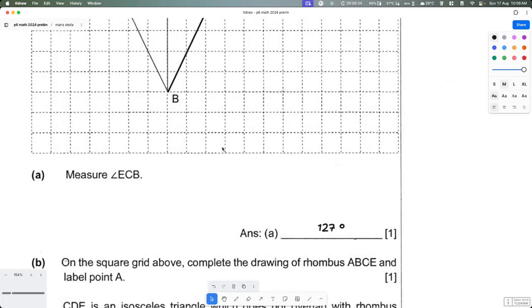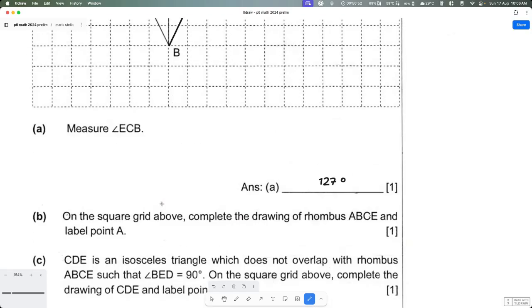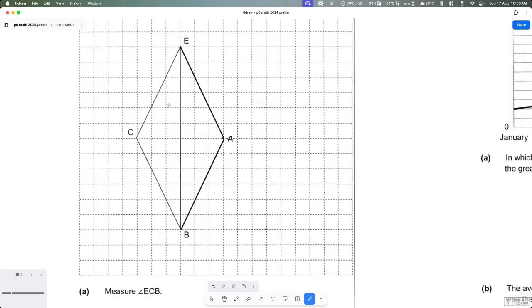Okay, last one. Part C, CDE is an isosceles triangle which does not overlap with the rhombus ABCE such that BED is 90 degrees. On the square grid above, complete the drawing CDE and label point D. So BED, this straight line over here. Let me zoom out.